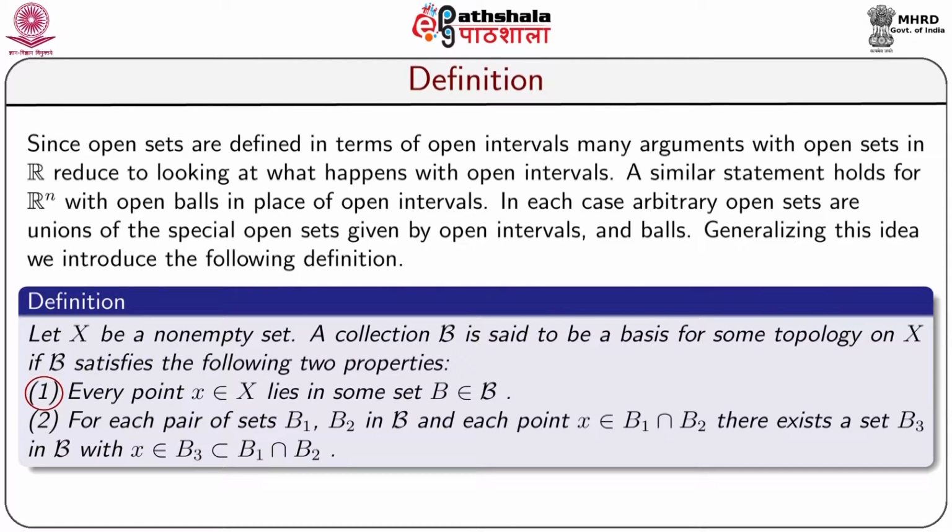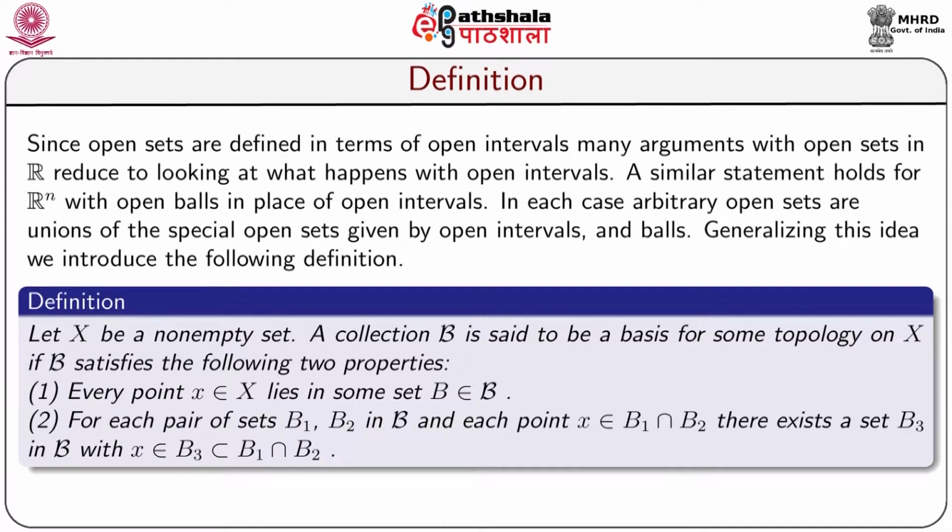Number 1, for each x belongs to X, there exists some B belongs to script B such that x belongs to B. Second condition, let B1, B2 belong to script B such that x belongs to B1 intersection B2, then there exists another B3 belonging to script B such that x belongs to B3, which is contained in B1 intersection B2.